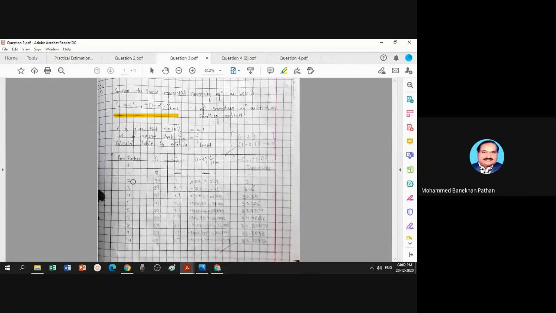Now t is 2, so y hat 1. Y hat 1 is nothing but y hat 2. So 31 is taken here. 31 multiplied by 0.9 is the calculation for t equal to 2 in this column. Now this plus this is the third column.